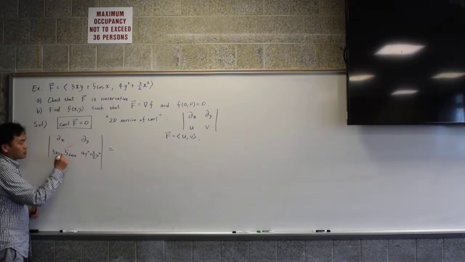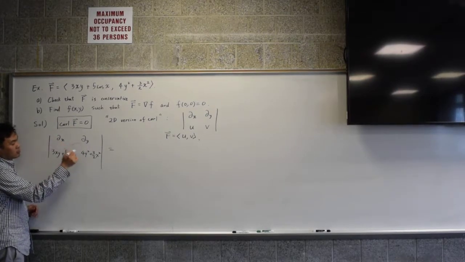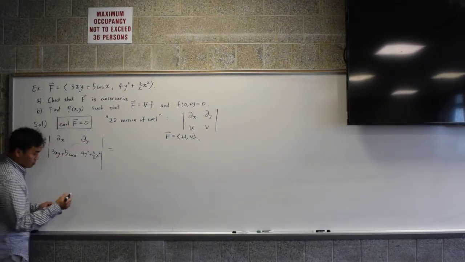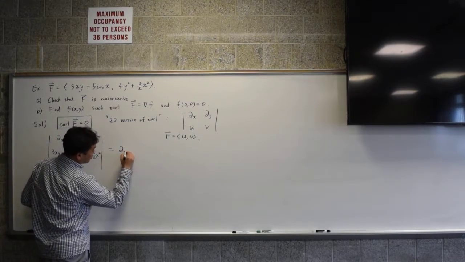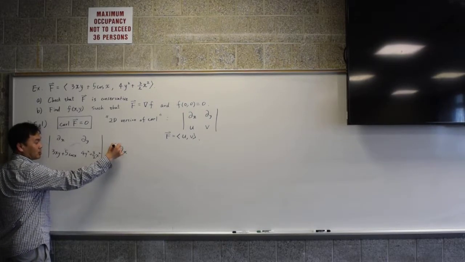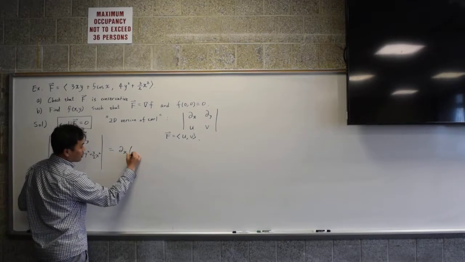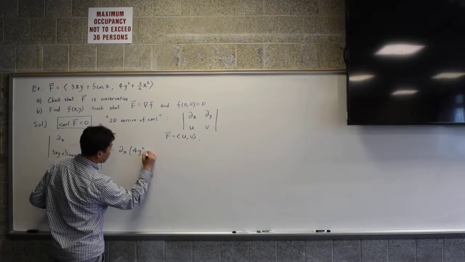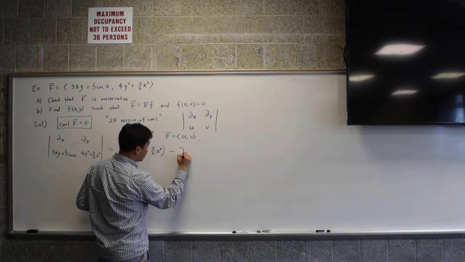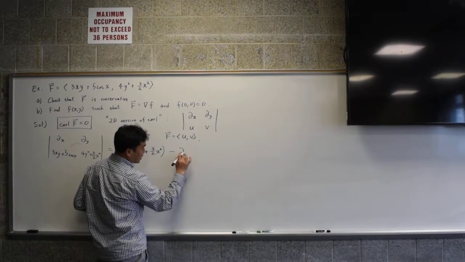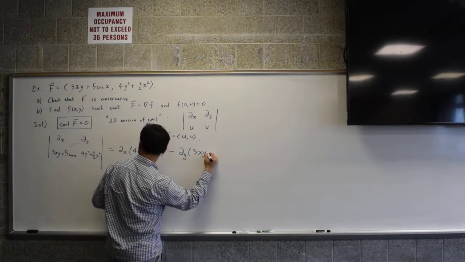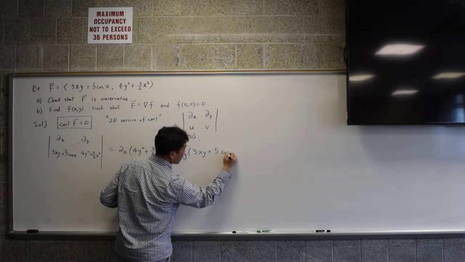It's like this: this hits this, minus this hits this. So you have to do partial derivative with respect to x of 4y squared plus 3 over 2 x squared, minus partial derivative with respect to y of 3xy plus 5 cosine x.